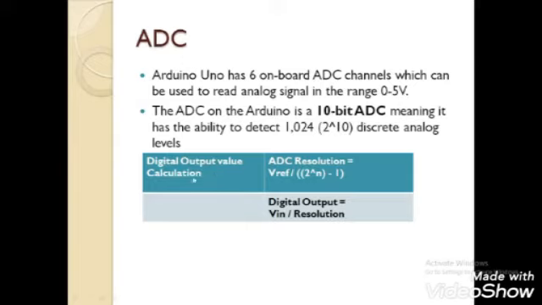The digital output value calculation: the resolution is V reference, the reference voltage, upon 2 raised to n minus 1, where n is the bit range, in this case 10 bit. This is the formula for the analog to digital converter resolution. So the digital output that we will get is V in divided by this resolution.